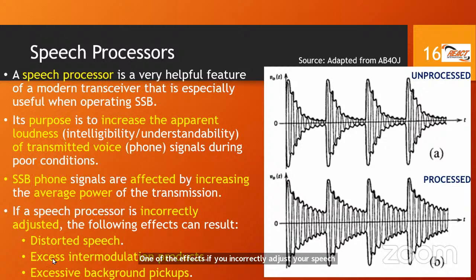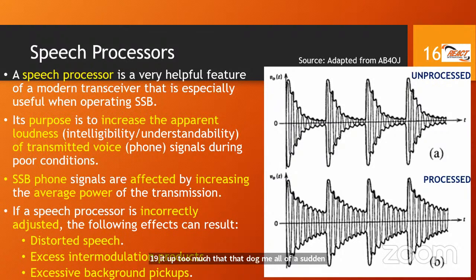Also, you can generate what we call excess intermod or intermodulation products, which is also not good. That is multiple signals interfering with one another, and you can get poor communication as a result of that intermod. Also, if you turn up your speech processor too much, for example, I am talking right now and you're probably hearing a dog in the background. If I'm using a speech processor and I turn it up too much, that dog may all of a sudden overpower my own voice, right?